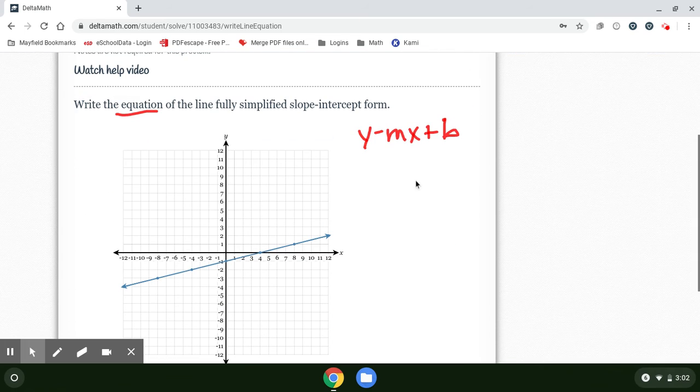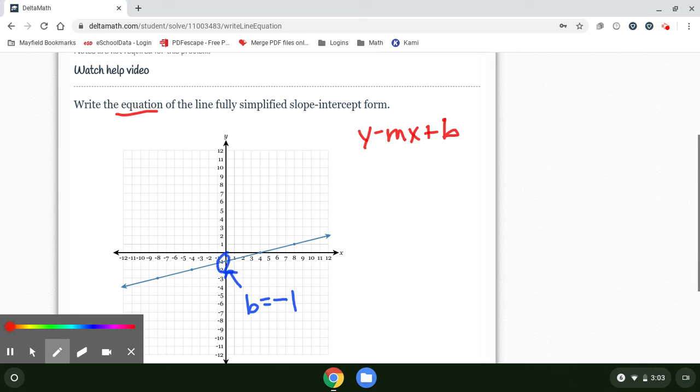So let's do one more. We're still going to use y equals mx plus b. And now I'm going to look at where it crosses the y-axis. So right there, it crosses at b equals -1. Okay. And now I can look at my slope. And like I said, you can use any point that you want. You may want to use these two, or you can move up here.